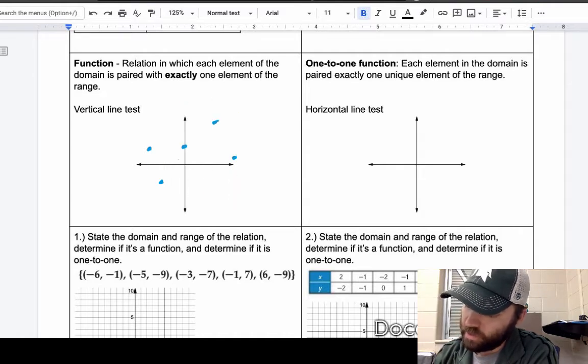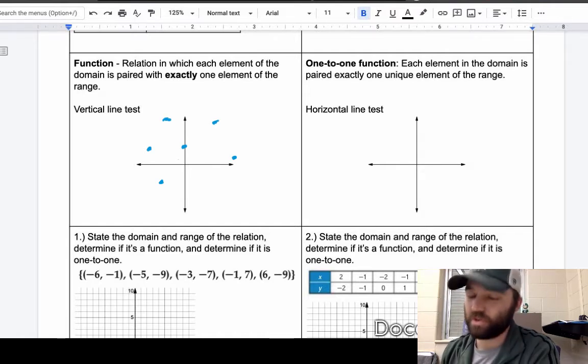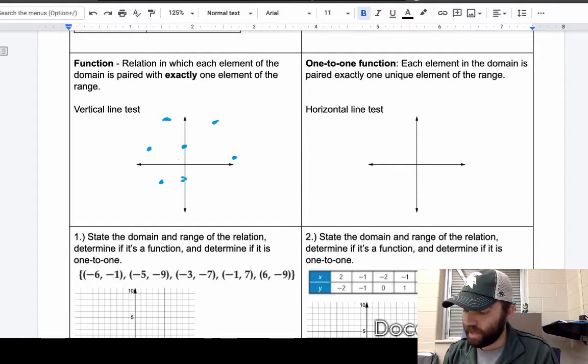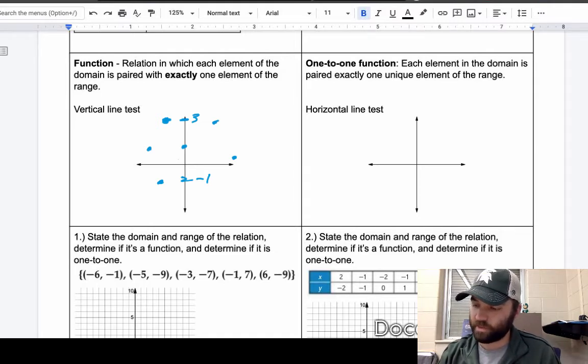As soon as one x value maps to 2 different y values, like maybe this maps to -1 and maybe it maps to 3, we've got these 2 points here, and this x value maps to both of them. Therefore, it would not be a function because you can take a vertical line and it goes through both of those points. So that's the vertical line test, and it's a quick way to figure out if a relation is a function or not.